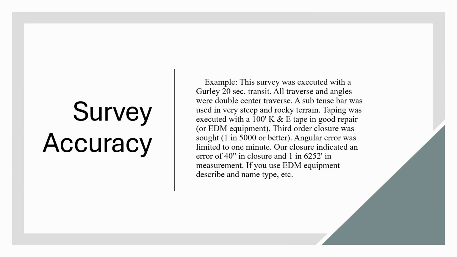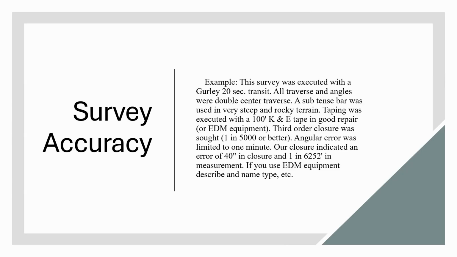If you had equipment, when's the last time it was calibrated, or if anything was in good repair or potentially got damaged on site, it might be a time to note it. What order of closure were you looking for with any of your aerial imagery in your GNSS data collection?